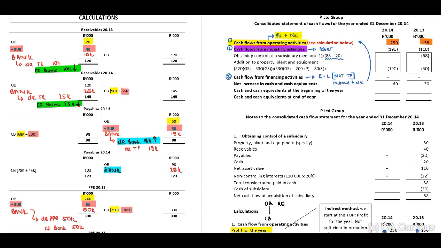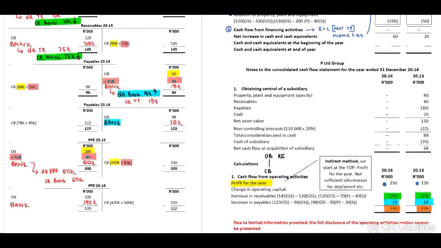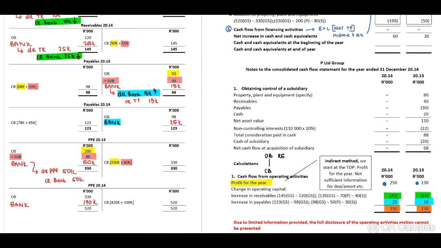Now, remember, when you look at your statement of financial position, the other assets that we have is our property, plant, and equipment. We've calculated the movement, and when you look at your T account on your left-hand side, guys, for 2013, you will identify that we've debited PPE, therefore increase in PPE, but this will be a decrease in our bank.